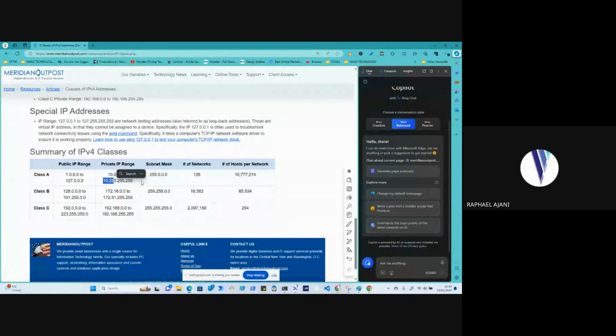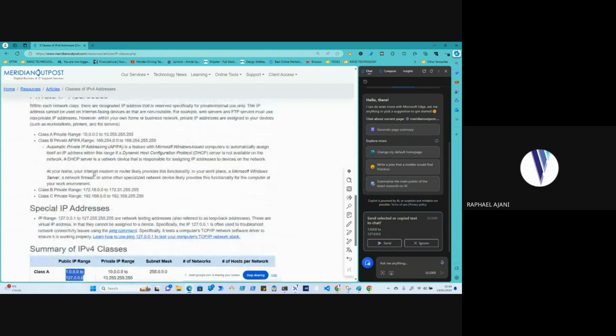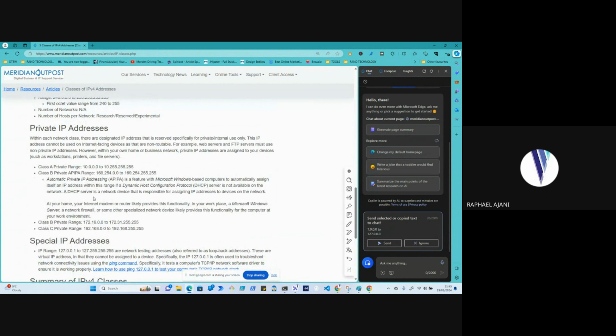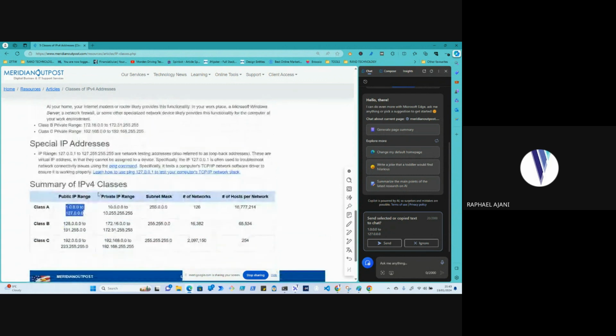They might want to use more networks, so between here and here, they have access to play around with their private network. Any organization too can use this range, but anything outside this range you cannot touch. Somebody has to approve it for you, and the organization that does that is called Netcar, like I showed us earlier.